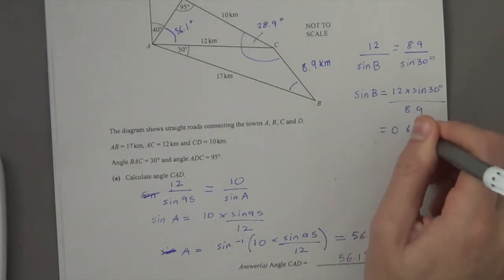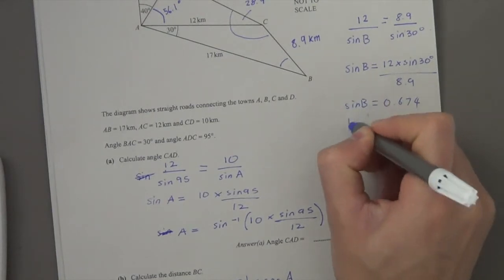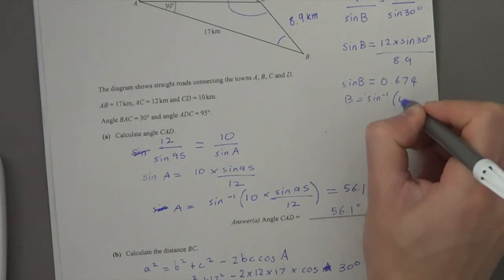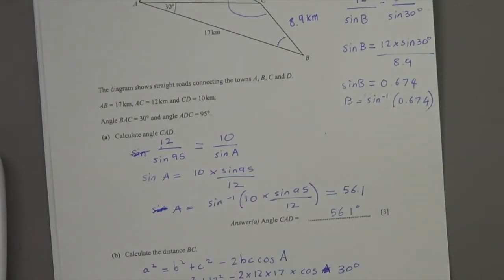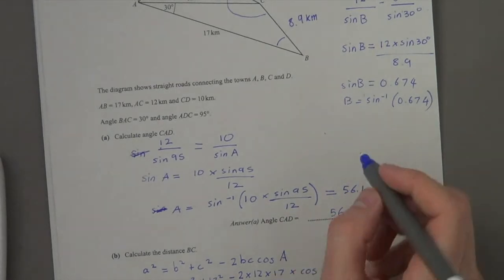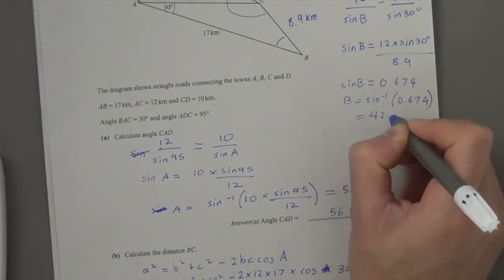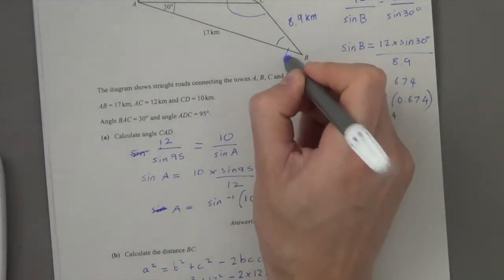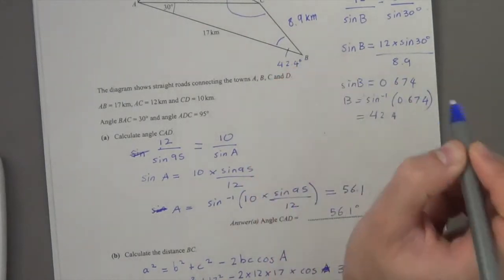Okay, 0.674 is sine B, so B is the sine inverse of that. So I get 42.4 degrees.